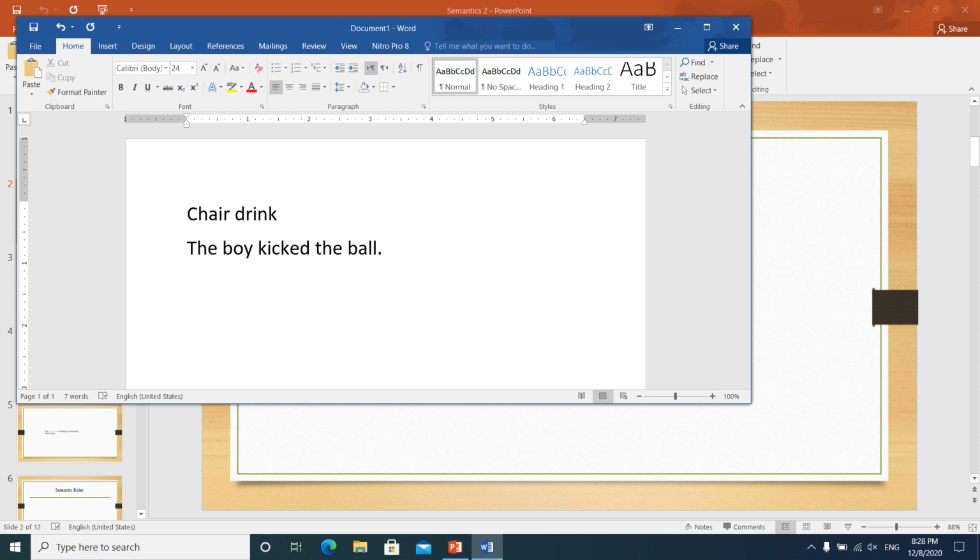So, for example, a native speaker cannot make a sentence like this: the ball kicked the boy. Why? A native speaker can produce sentence 1, but he or she cannot produce sentence number 2. Look at the semantic features of these words.